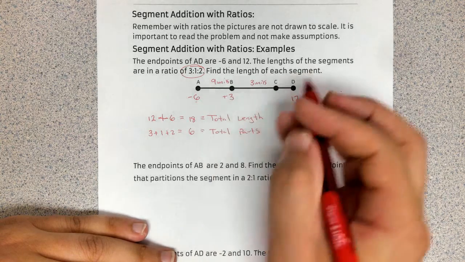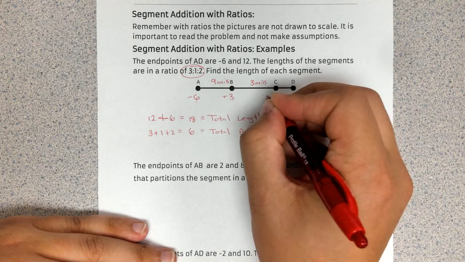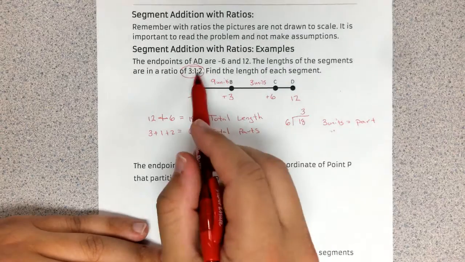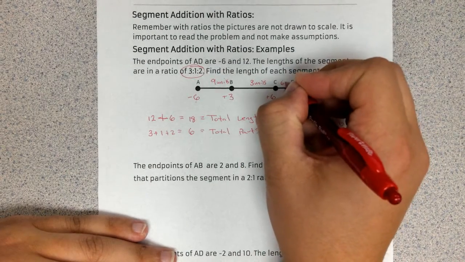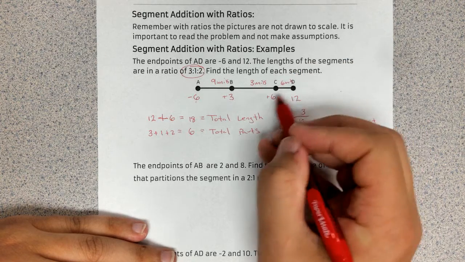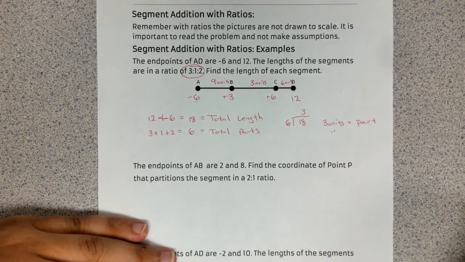So 3 plus 3 is a positive 6. And then the last one, which is 2, means I do 2 times 3, so CD is 6 units, and 6 plus 6 equals 12.